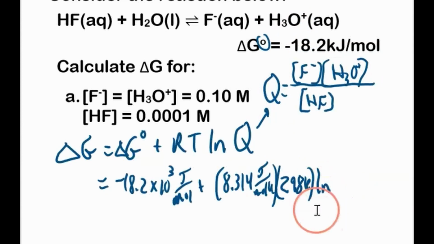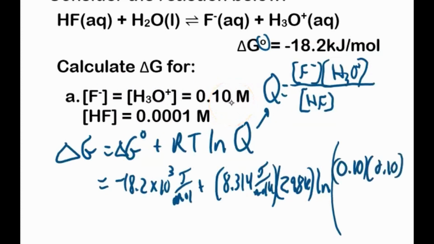I'm going to do this all in one fell swoop. I'll make this one big bracket, and we're given concentrations. These top ones are 0.1 molar, 0.10. I'm not going to include units. This is actually unitless. We're taking the concentration and dividing it by a standard concentration of 1 molar, assuming these are perfect solutions.